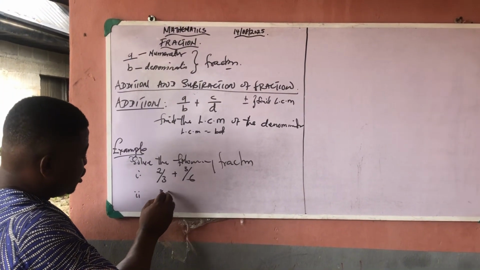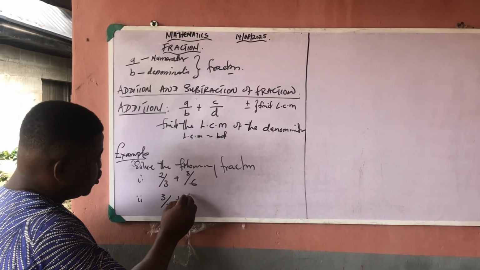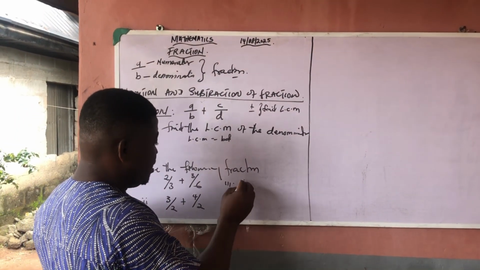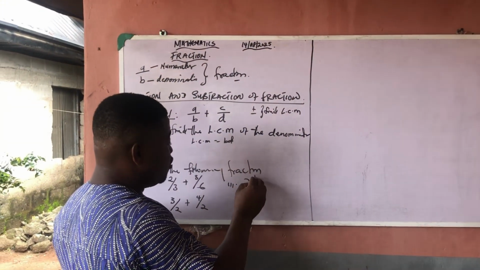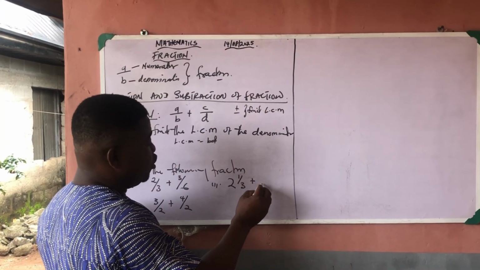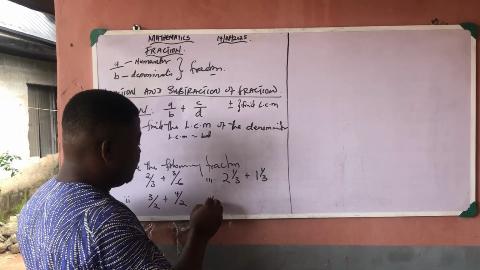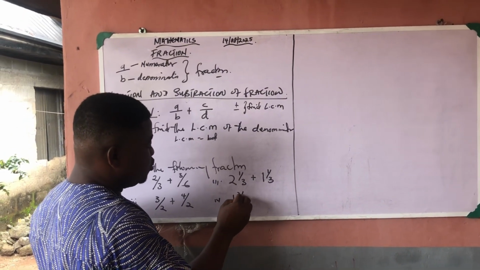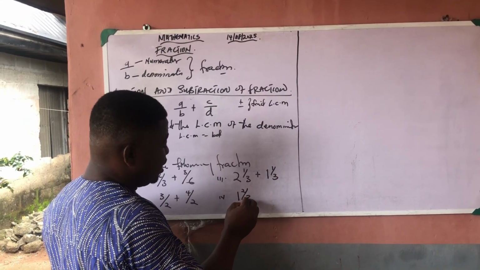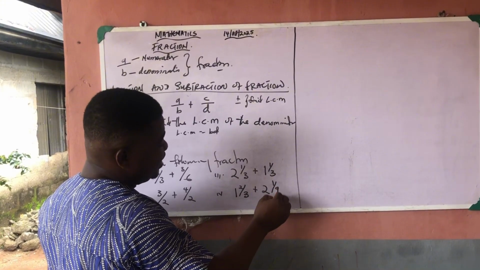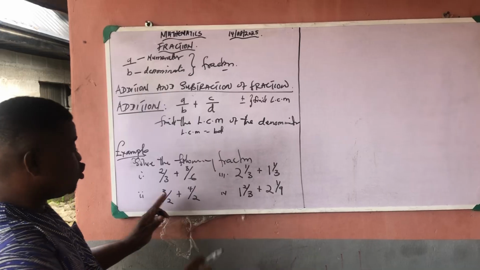Let's say 3 over 2 plus 4 over 2. Let's say 2 whole number 1 over 3 plus 1 whole number 1 over 3. IV, let's say 1 whole number 2 over 3 plus 2 whole number 1 over 9. Now, this is only for addition.